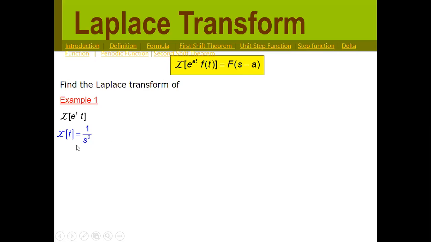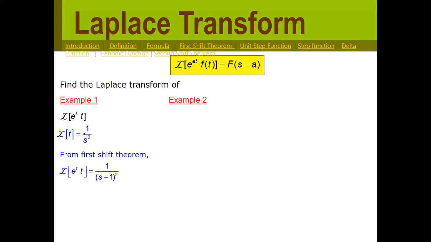Jadi di sini dekat ft ni s ni dekat mana? Dekat sini saja. Jadi berlaku, maka Laplace e^t darab t adalah di setiap s akan berlaku s tolak a, iaitu s tolak 1 kuasa 2. Faham tak?